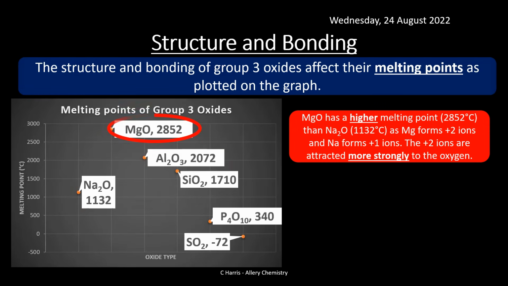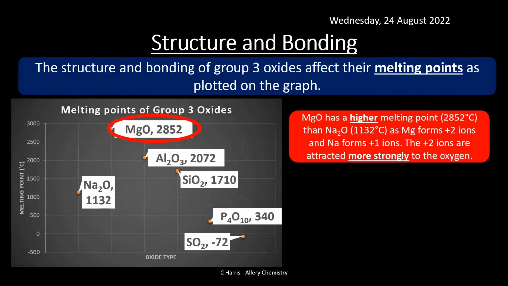Magnesium oxide has a higher melting point than sodium oxide, so it's a bit higher up, and that's because magnesium forms 2+ ions. Remember we've seen them before from just the pure metal, but it forms 2+ ions, and sodium only forms 1+ ions.